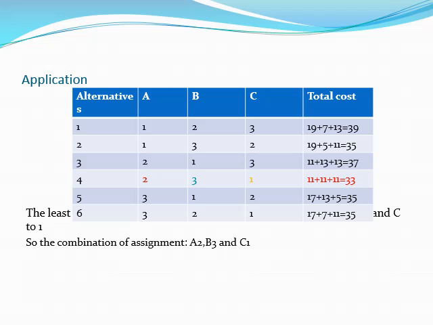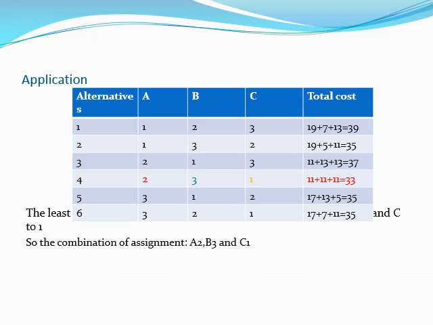Now, the result of this calculation gives the least cost of assignment. The least cost of this operation is 33.